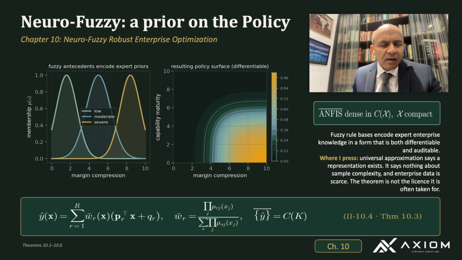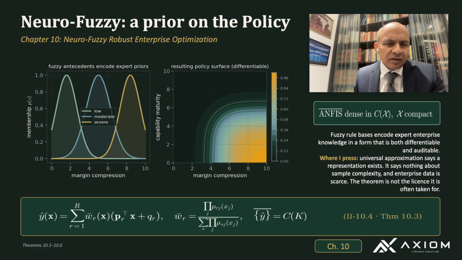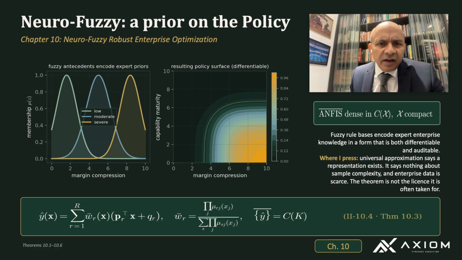Theorem 10.3, the ANFIS approximation theorem. A universal approximation result: adaptive network fuzzy inference systems are dense in the continuous functions on compacta. ANFIS models are universal approximators on compact enterprise state spaces.